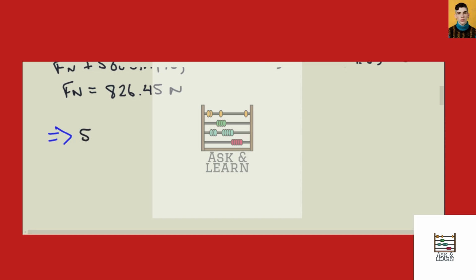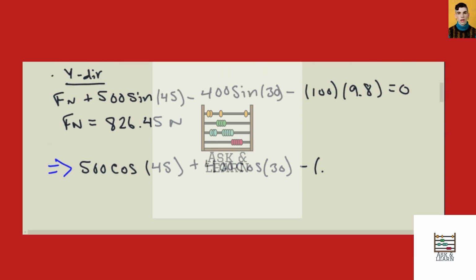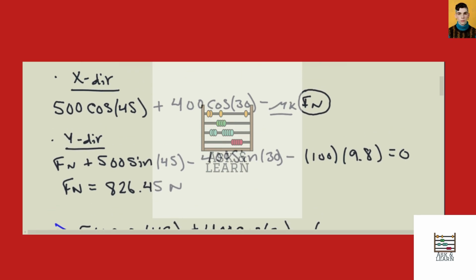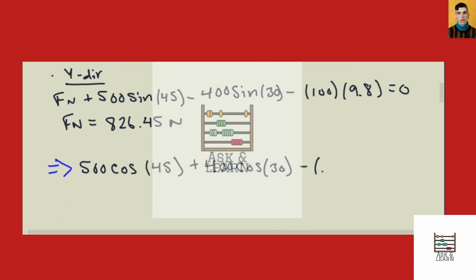So we have 500 cosine 45 degrees plus the 400 cosine 30 minus the kinetic friction, the coefficient of kinetic friction times the normal force, which we just found, so it's 0.2 times 826.45.